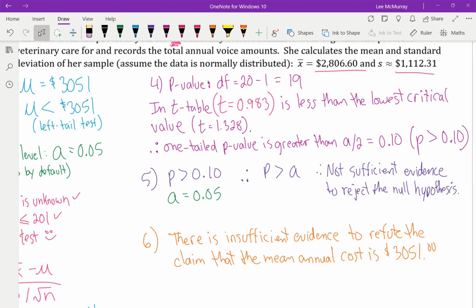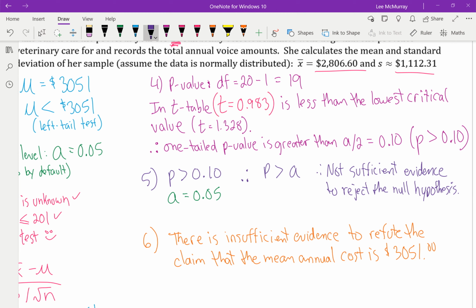So the null hypothesis says that the claim is 3,051, and based on what we found, our evidence wasn't strong enough, right? Our sample that we collected, the amount wasn't different enough to refute that claim. So there's insufficient evidence to refute the claim that the mean annual cost is $3,051.